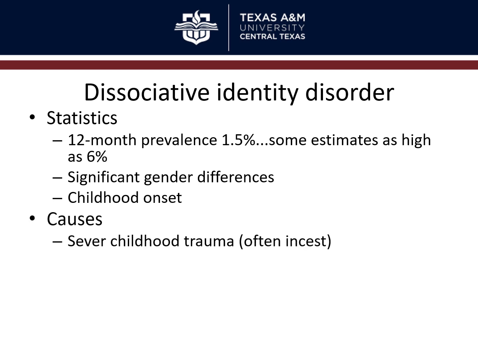So the causes typically, as a typo, severe, not sever, severe childhood trauma, and often incest. So really damaging, hard to deal with when you're a little kid. This person who's supposed to love me and take care of me is doing these things that I know are not okay.